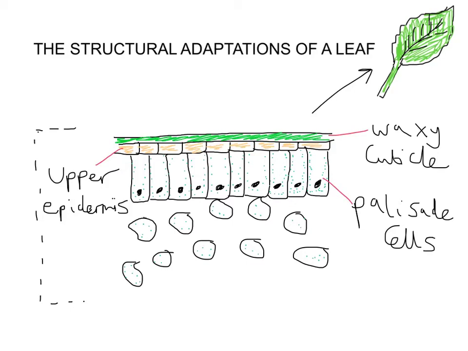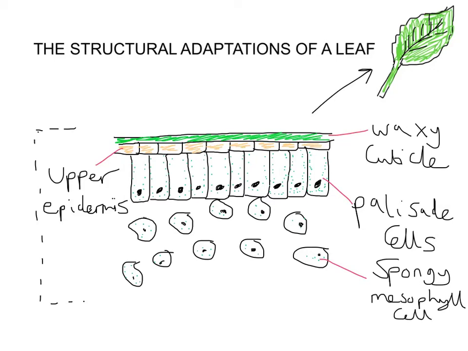The black dots that I've been drawing are the nucleus, or the nuclei rather, of each cell. What you have is a layer of spongy mesophyll cells.